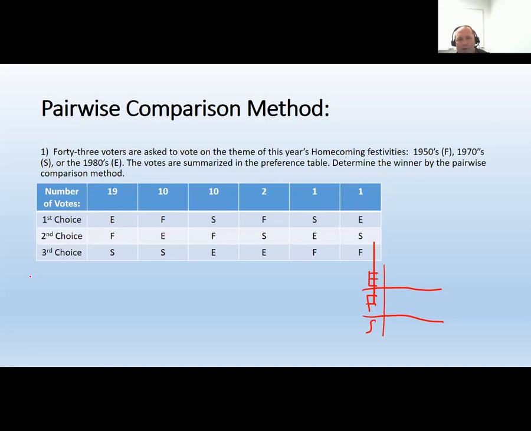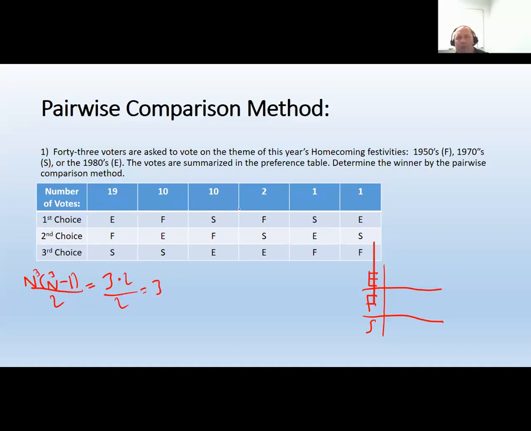There's a formula for it: n times n minus 1, all over 2. That's how many comparisons we need to make, where n is the number of candidates. In this problem, there are 3 candidates, so this is 3 times 3 minus 1, which is 2, all over 2, and 3 times 2 over 2 is 3.